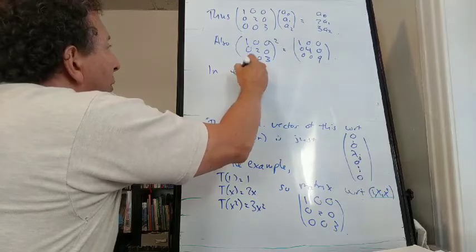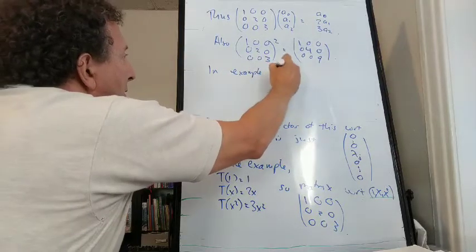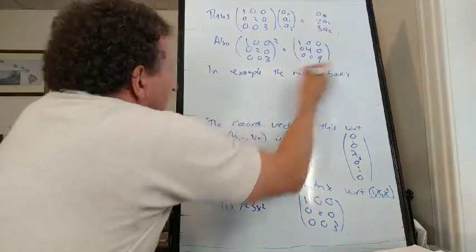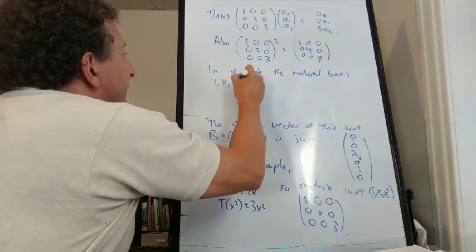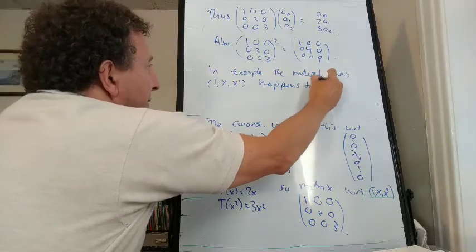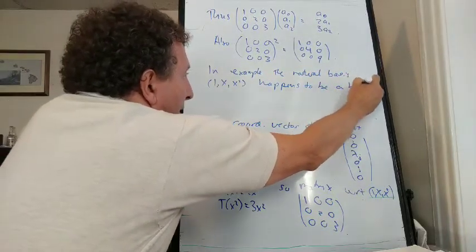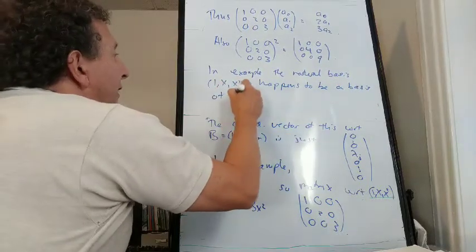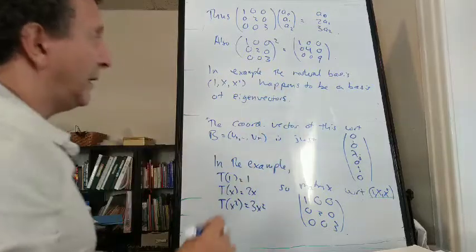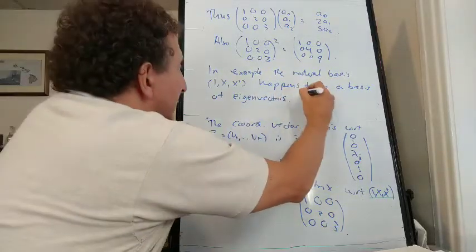Now in the example, the natural basis 1, x, x squared happens to be a basis of eigenvectors. This doesn't usually happen.